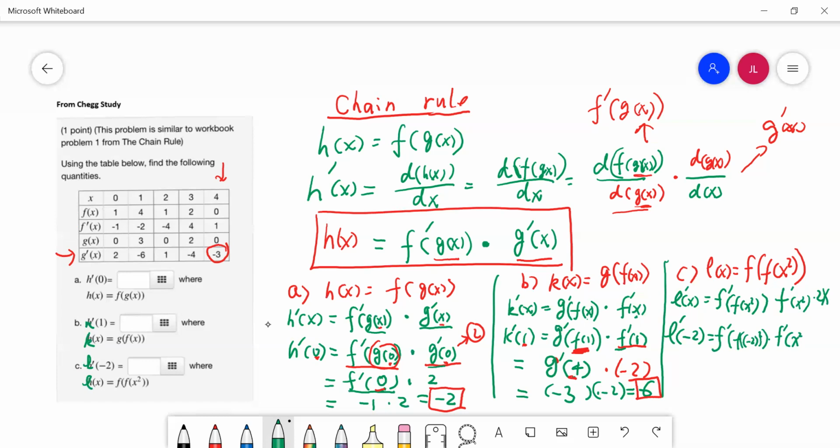This is f derivative of (-2) squared times 2 times -2.